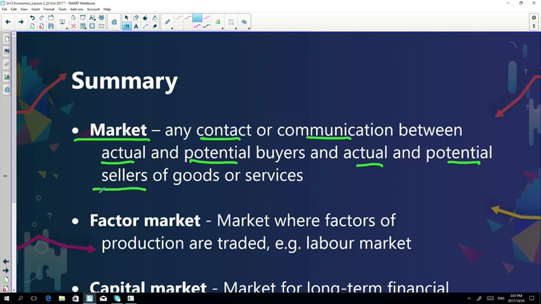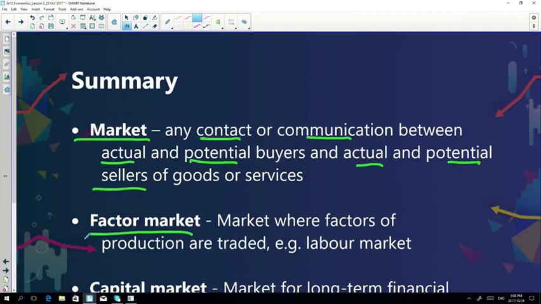A market is a place where buyers meet with sellers and they exchange goods and services. Sometimes it's important to know that you have actual buyers, which is guaranteed, and then you have those people that might buy the product, which we can't overlook because we want them to purchase our product.